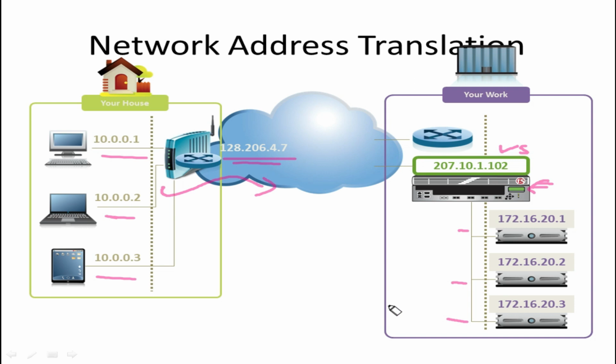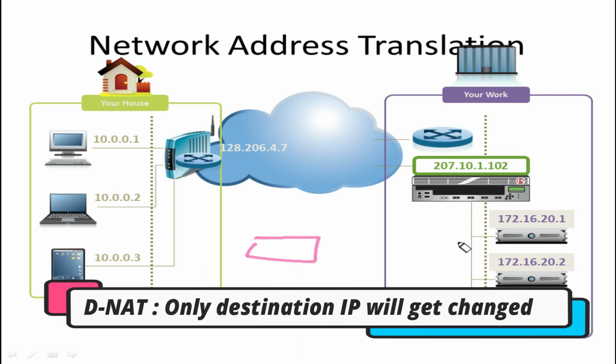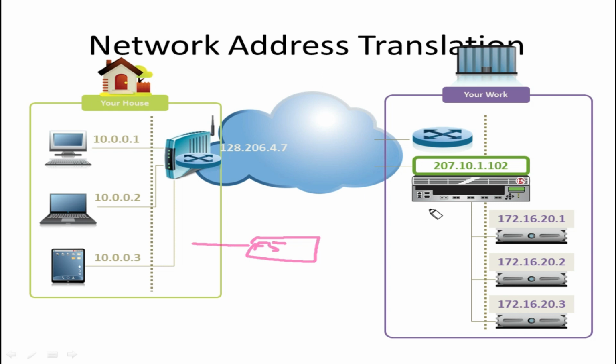So by default F5 does destination NAT. How it works, maybe you are aware of it. If there is an F5 device in between and one request is coming to the virtual server, this F5 will send it to one of the pool members.